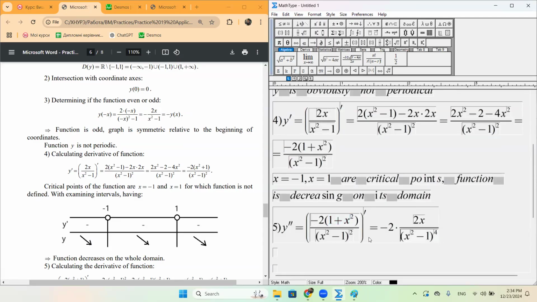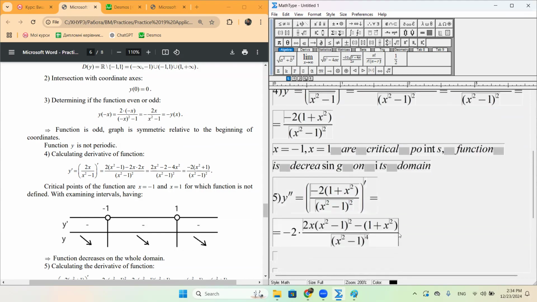So 2x multiplied by, don't lose powers. So 1 plus x squared, and the derivative of this expression, multiplied by 2x squared minus 1 and multiplied by 2x, because this is a composite function.